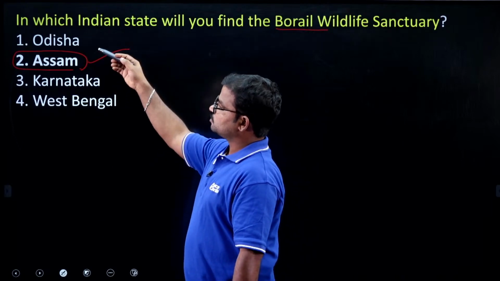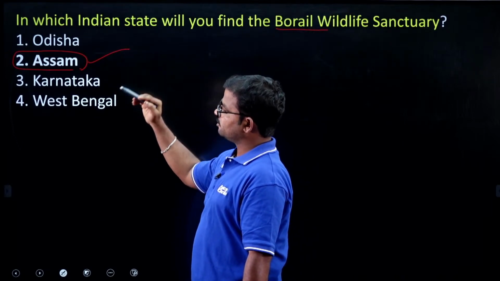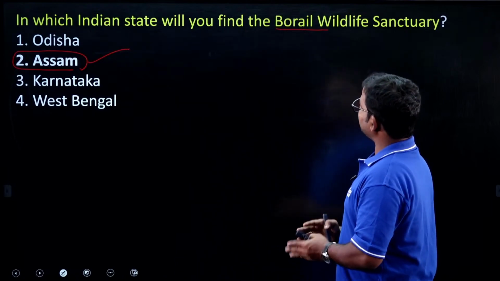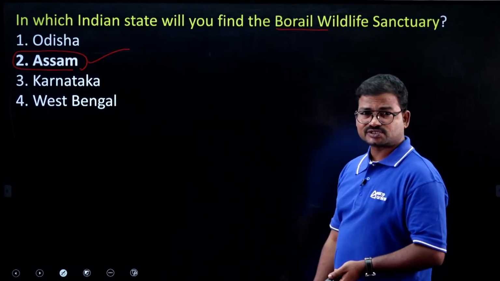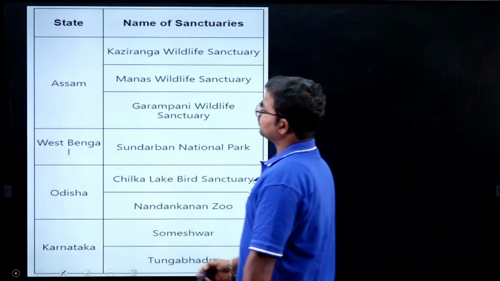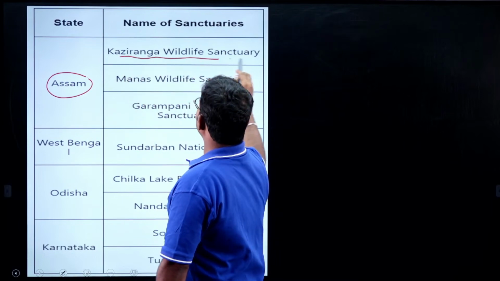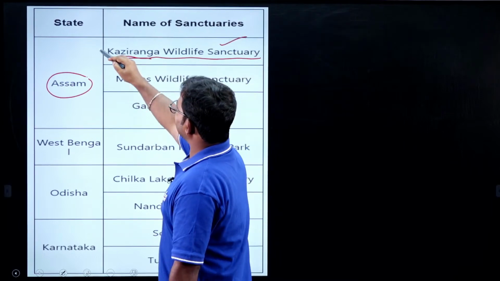So what about the remaining options? If you consider Odisha, Karnataka, West Bengal, what type of wildlife sanctuaries exist in those? First of all, we have to consider Assam. In that, Kaziranga Wildlife Sanctuary is also there.